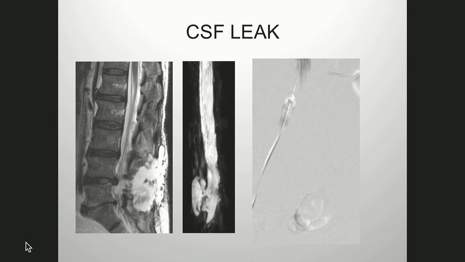Obviously, CSF leak is not a mystery, where it is coming from or how to deal with it, if it's a complication of spinal surgery, which is dreaded among some circles. And it's quite obvious.